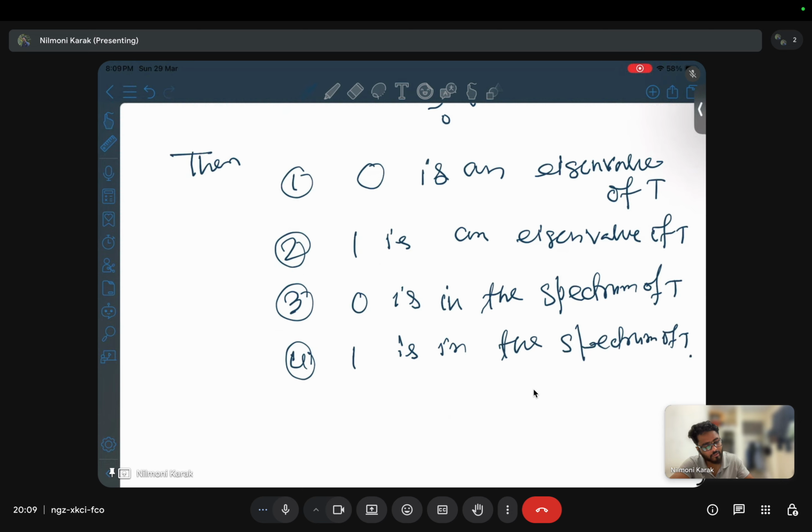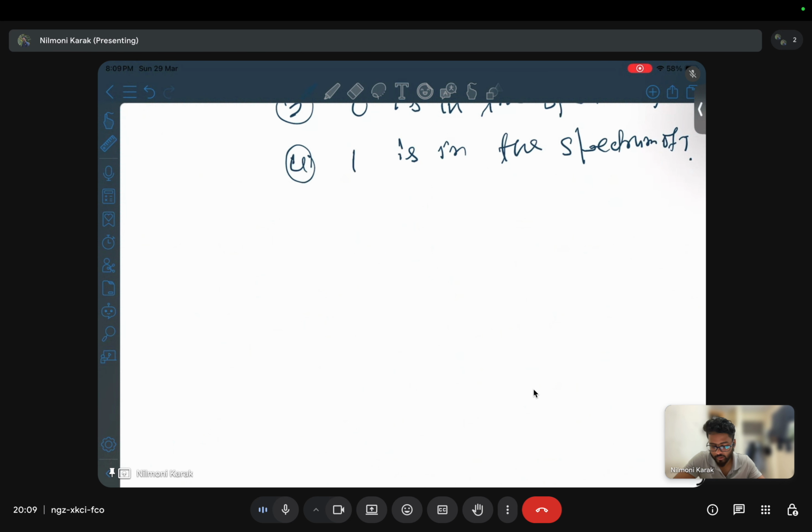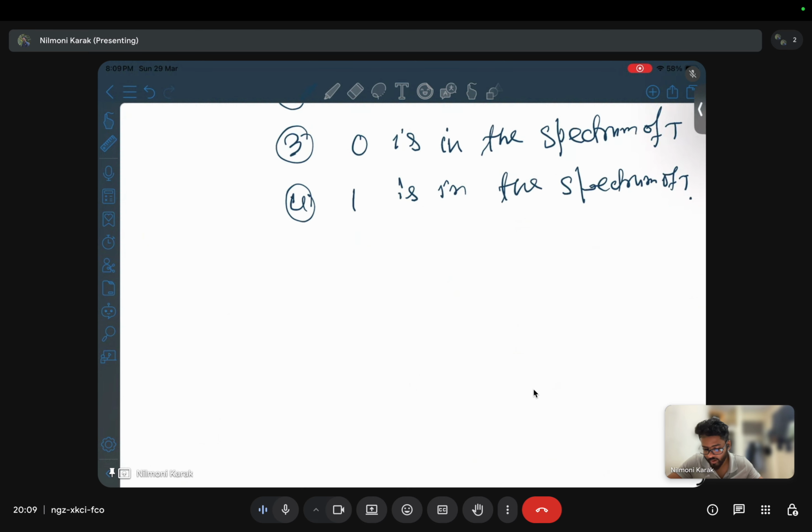Spectrum of T. So 0 is an eigenvalue, 1 is an eigenvalue, 0 is in the spectrum of T, and 1 is in the spectrum of T. Which one is correct? Which are true?